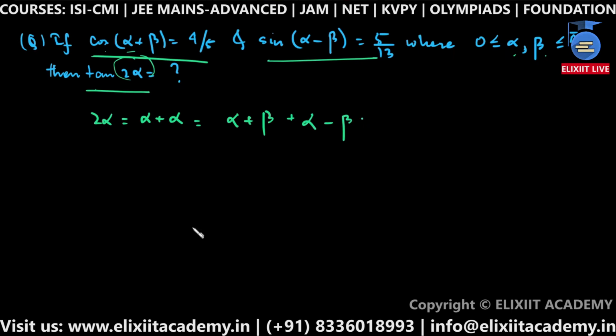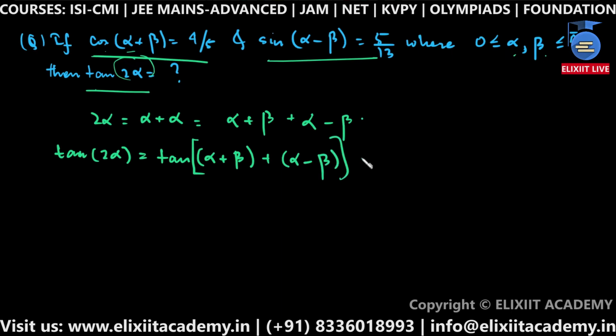Plus beta minus beta cancels out. Ultimately, tan 2 alpha can be written as tan of alpha plus beta plus alpha minus beta. Okay, simply we are adjusting.